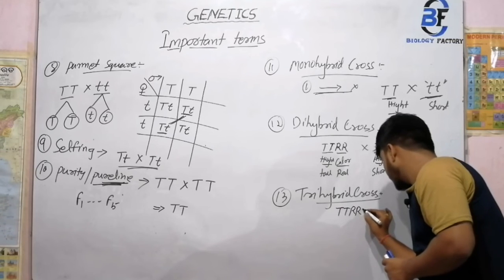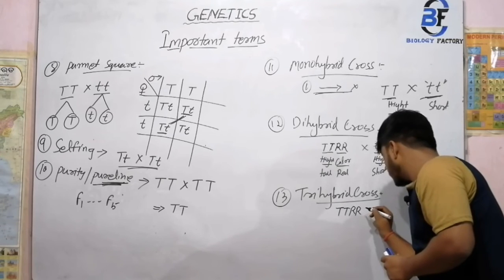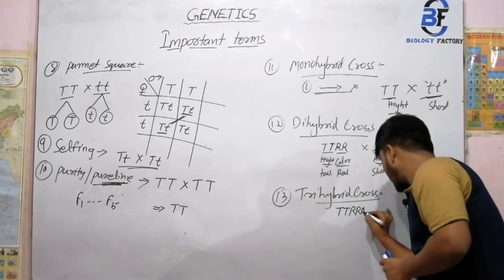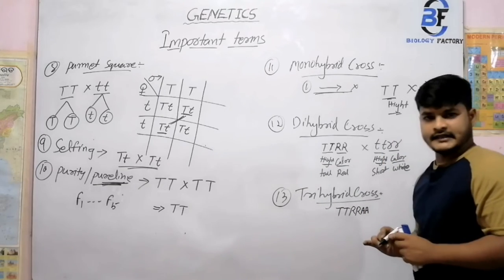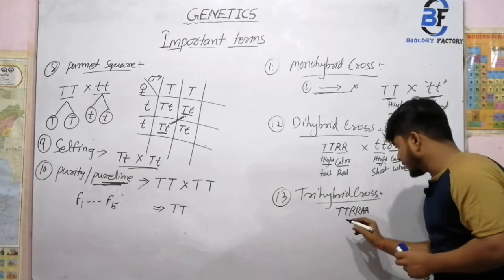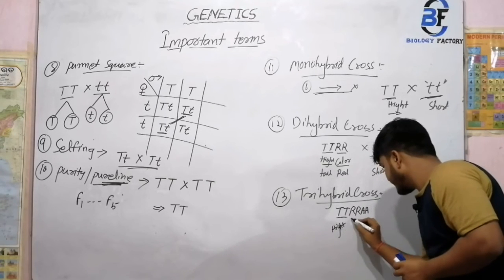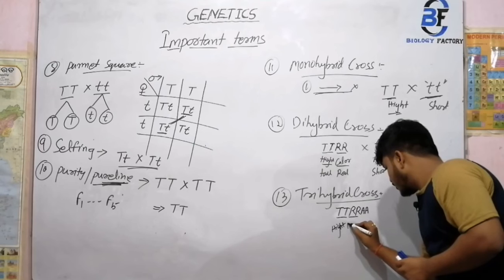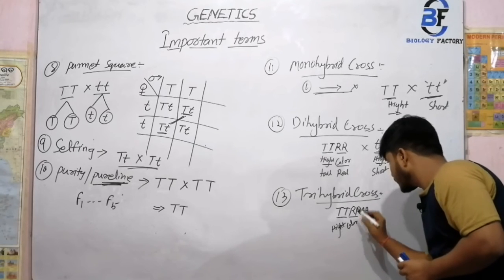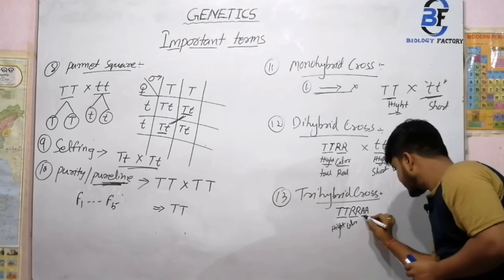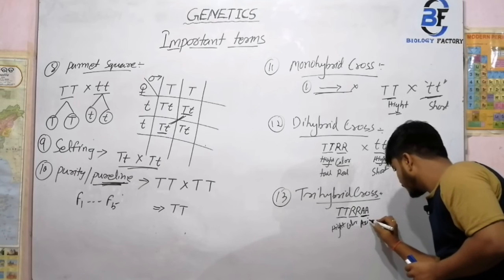You may also take an example of the appearance of the flower. Here it is the height, the color, which we already took, and the axial position of the flower.